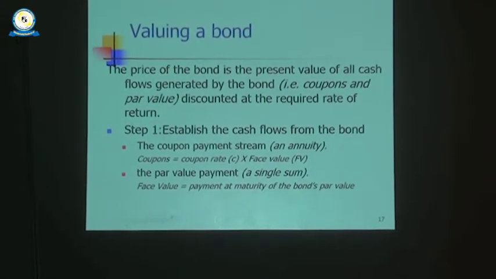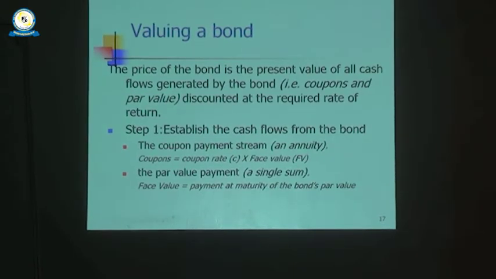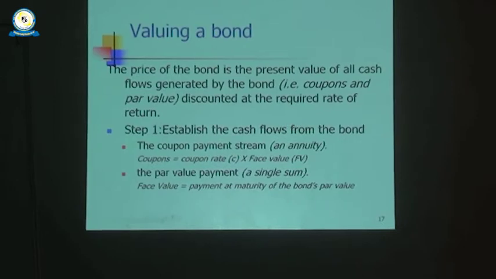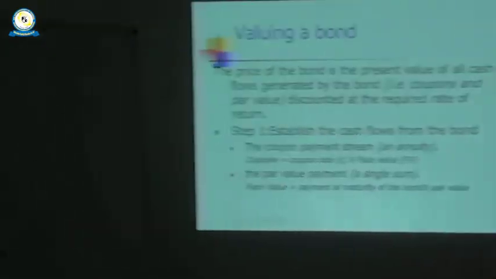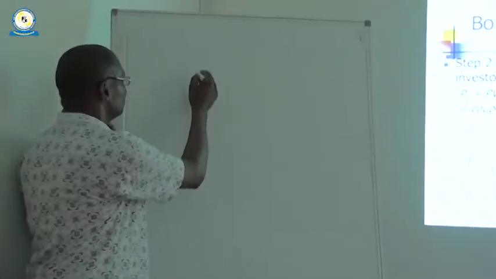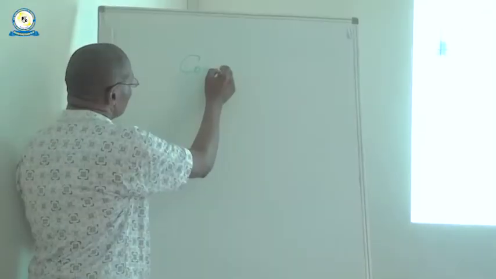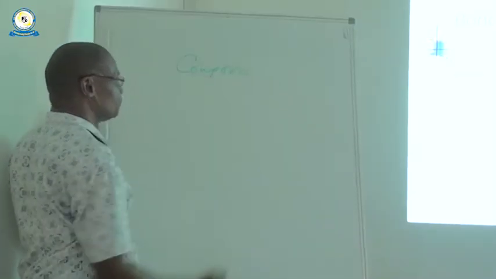And there are some steps to do when you are valuing a bond. The first step, we establish the cash flow from the bond, which means we are trying to see the coupon payment stream. There is a formula when we want to find a coupon.